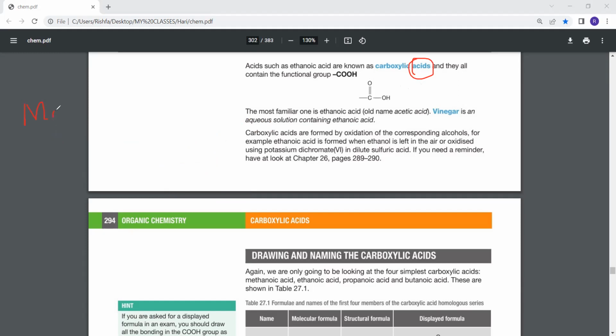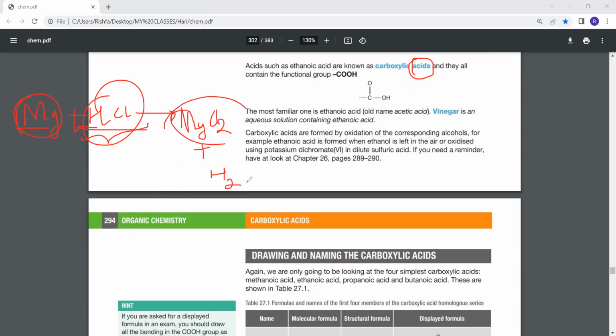Now, if I just say magnesium plus HCl, you know HCl is an acid. So what will be the products? A metal and an acid will give MgCl2 and H2. So a metal and an acid will give the salt and hydrogen gas, right?